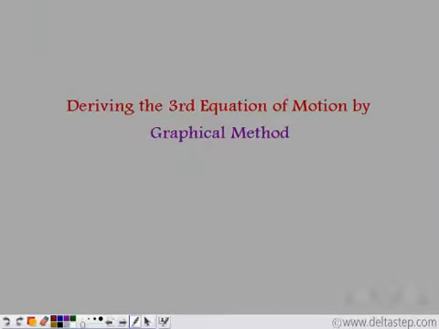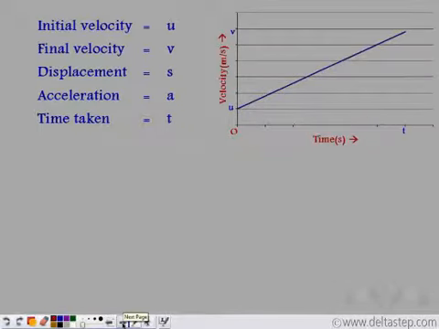So let us now derive the third equation of motion by graphical method. This is a velocity time graph. Velocity at time t equal to 0 is u, so the initial velocity is u. Total time taken is t.